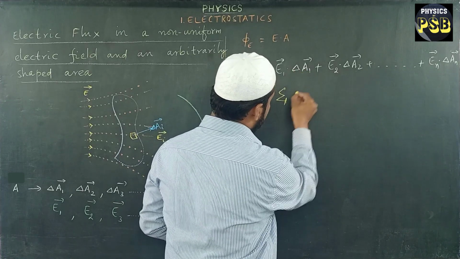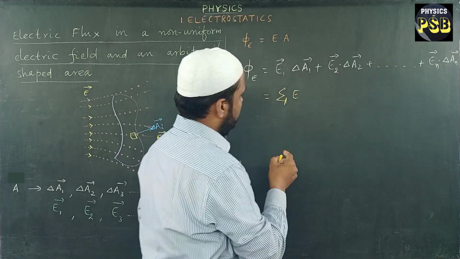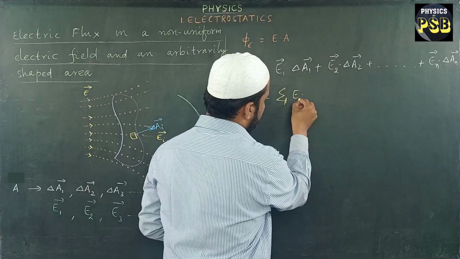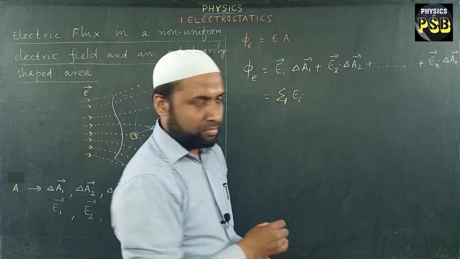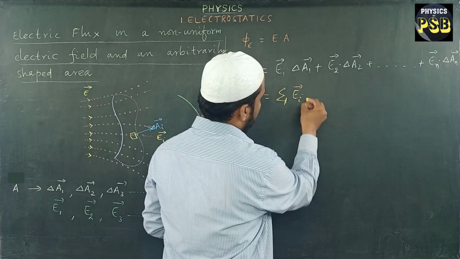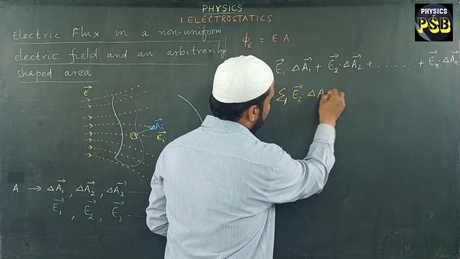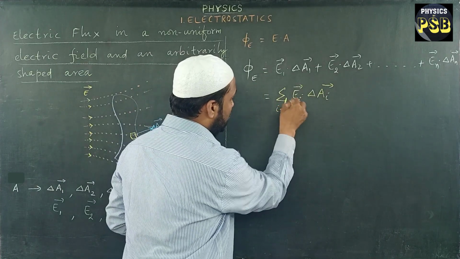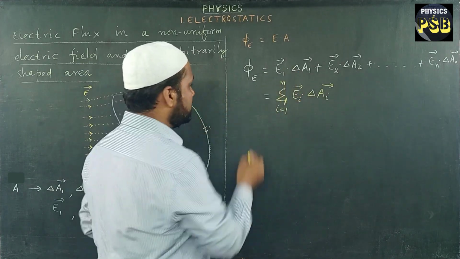I generalize this. In the place of 1, 2, 3, I take i. Ei vector dot delta Ai vector. Here i goes from 1 to n. This is the final expression for electric flux.